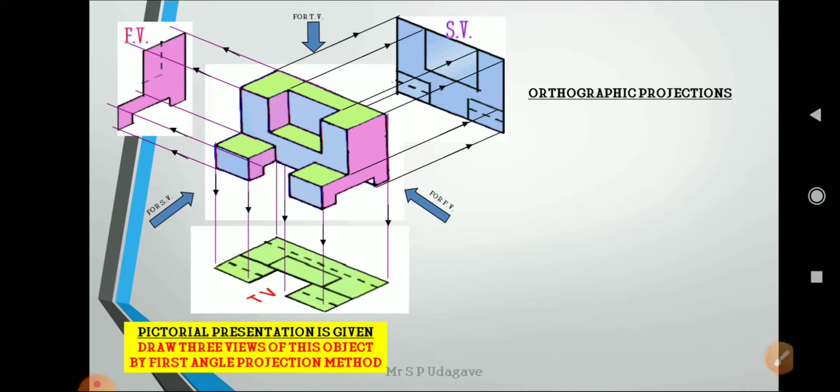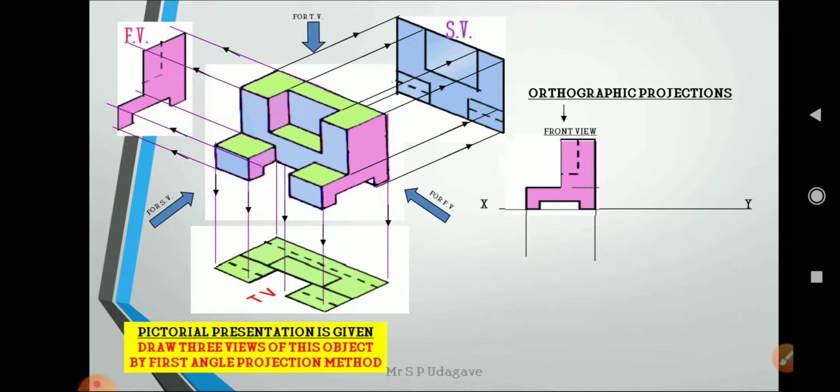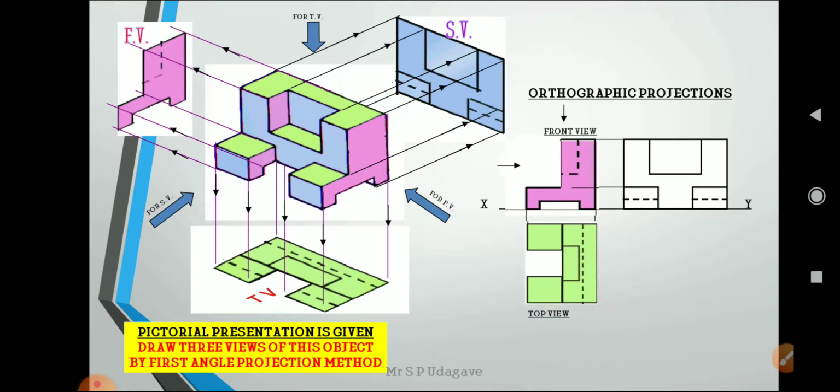For the orthographic projection of this, directly take the front view with the length and the height. Take the projections of the same view, width and length, and we can combine them to draw the top view. Finally, we can take the projection from the front view and the side view.